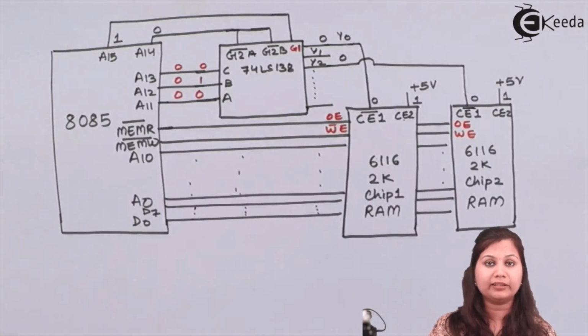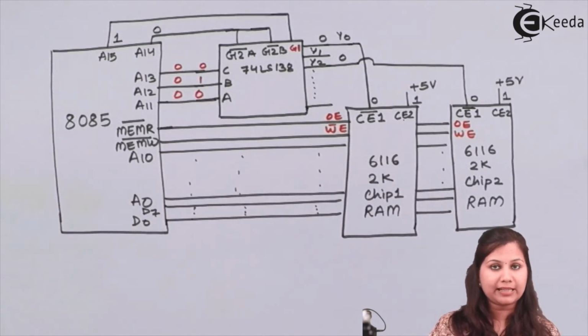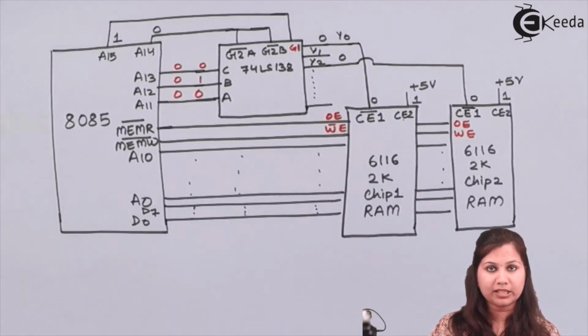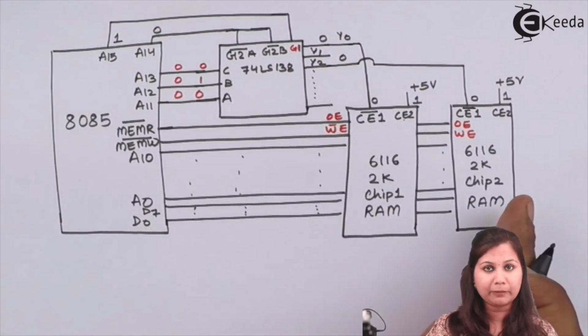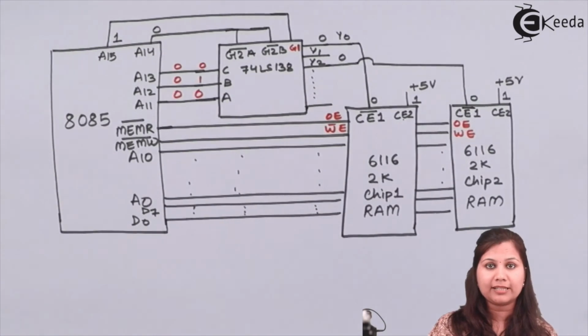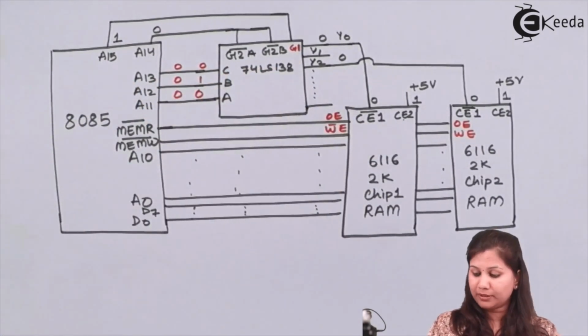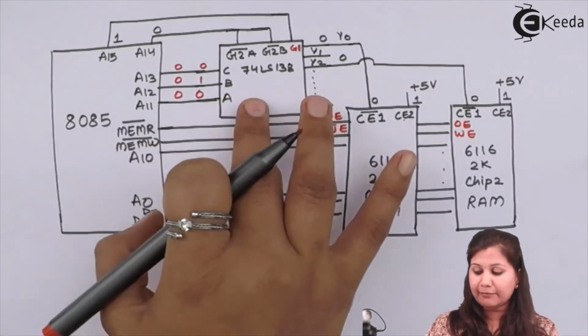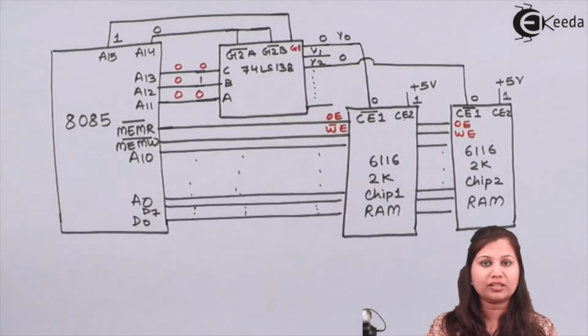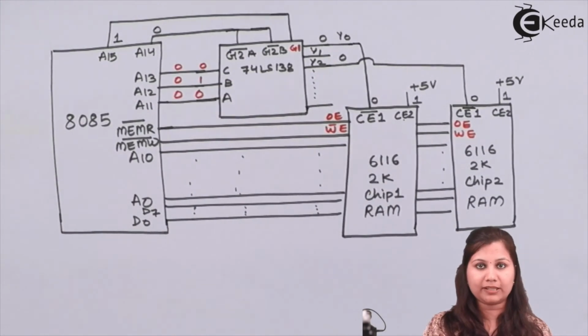First we have to find how many address lines we require out of the 16 address lines for addressing the memory chips. The remaining address lines will be used for the chip select signal of the memory chips. There can be any logic. Here we are using the decoder because it is given in the question.